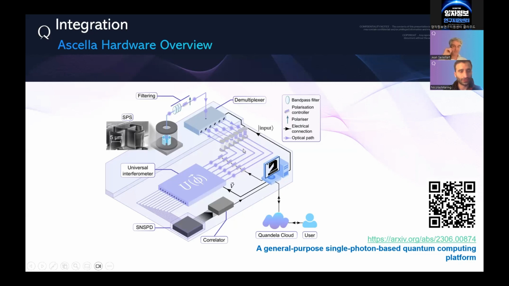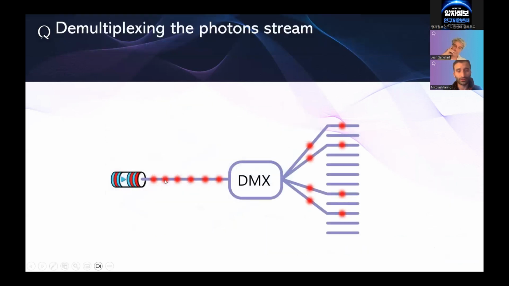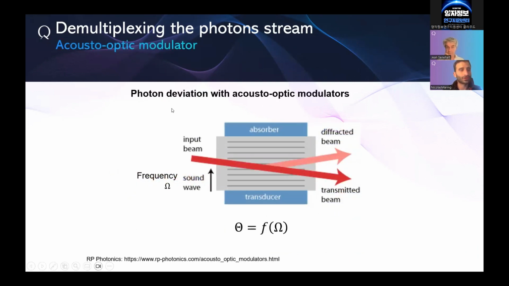But before that, we need a demultiplexer stage where from one stream of photons at the output of the single photon source, we demultiplex to get many inputs at the input of the interferometer. And what we use is a very fast deflector. So we take one photon, we send it to one path, the next one to the other, etc. So we need a very fast switch.